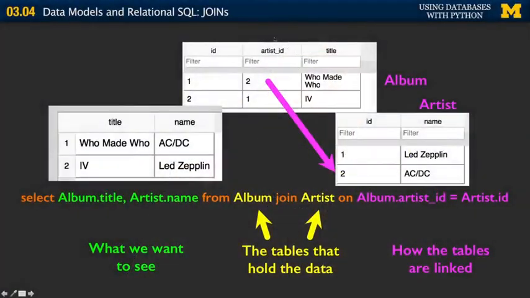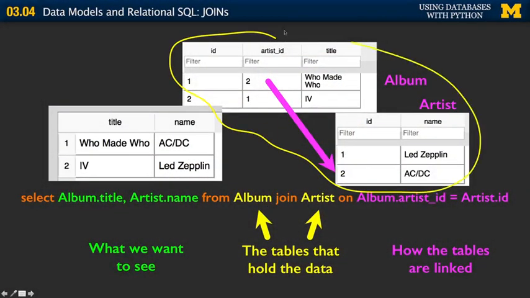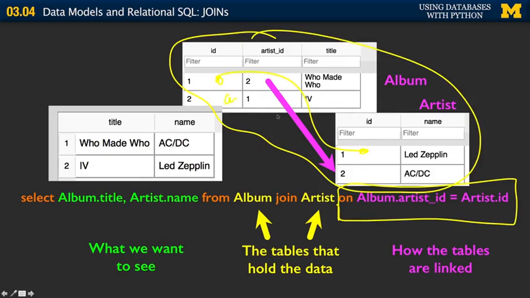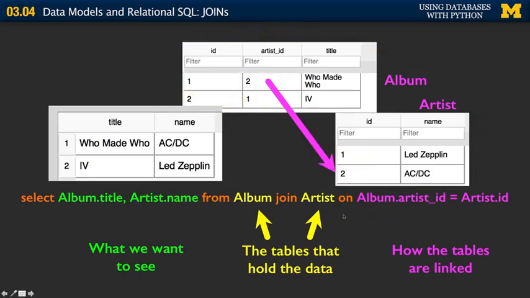Then, in addition to the join operation saying we're going to do all these tables, the on clause decides when we connect a row in this table to a row in this table. So row to row, row to row. And the on clause that we're going to write is when the album's artist ID, that is from the albums table, the foreign key, the start of our little arrow, is equal to the ID field from artist, artist ID.